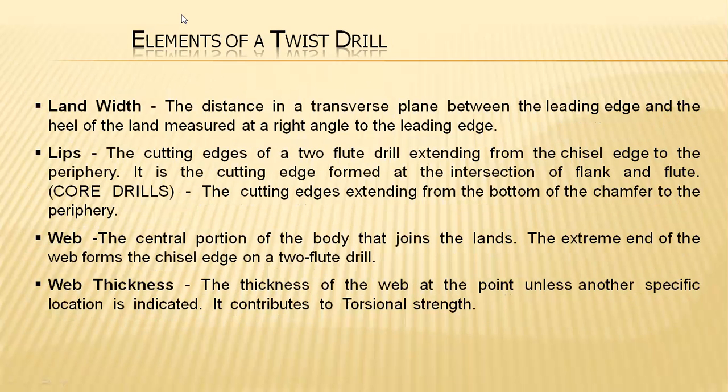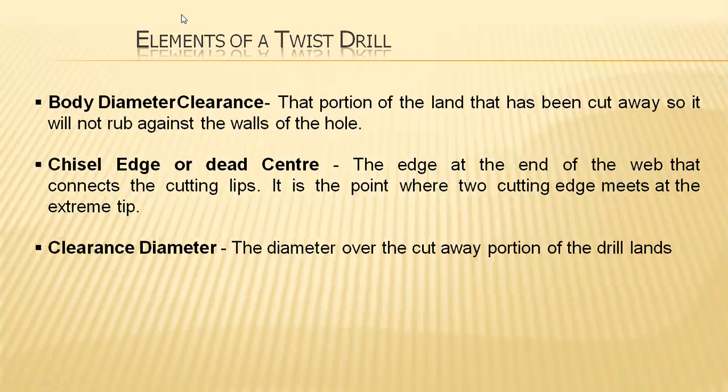Land width is measured on a transverse plane between the leading edge and the heel. Then the web and the web thickness. The body diameter clearance is cut away against the walls of the hole. Chisel edge, and clearance diameter, which is the diameter of the cut-away portion of the drill lands.